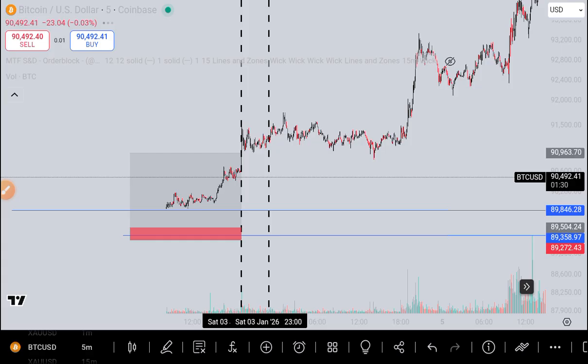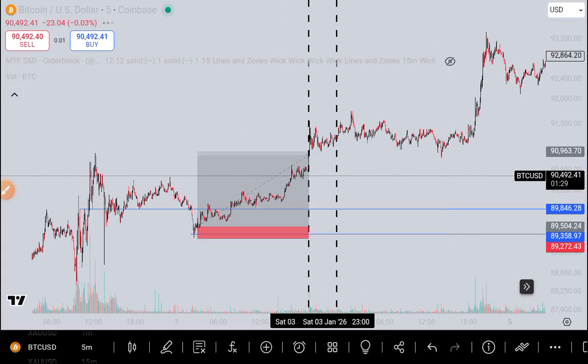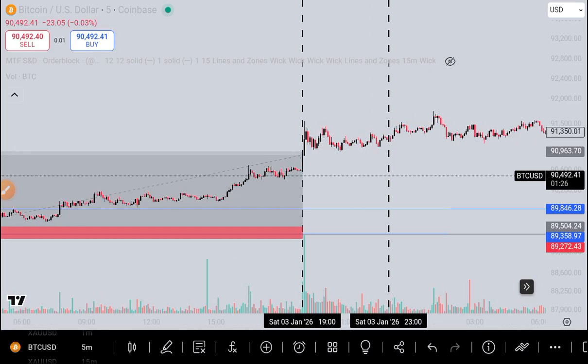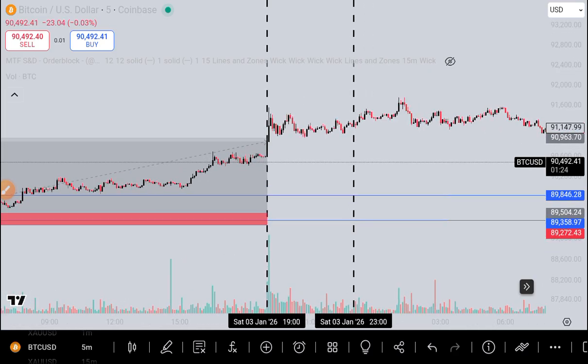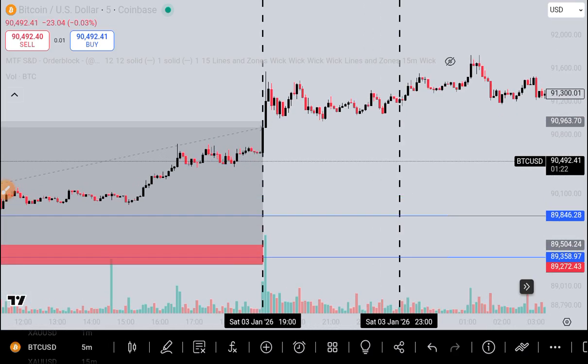Once you understand this, it makes everything very easy. I can see a power candle somewhere around here. Now, what's the power candle? I define a power candle as a candle that has not been retested.